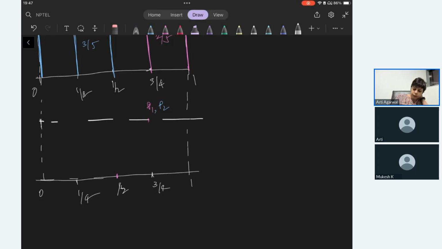So people at 0 are not going to vote at all. These votes are lost to both the candidates. People at 1 by 4, P1 and P2 are equally close. So they're going to divide the votes between the two. Like this. At half, again, the same method, both the candidates get equal votes.